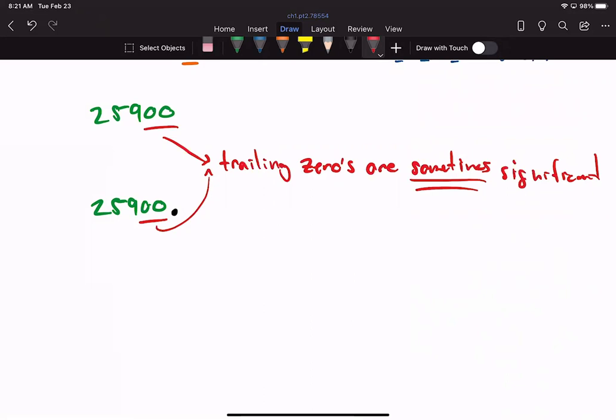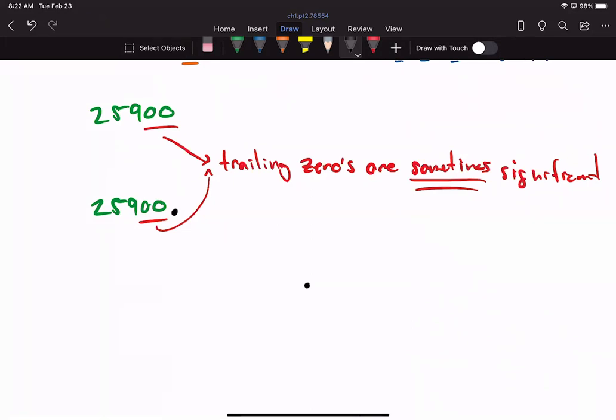I'm going to give you guys this formula, so make sure you write it down. There is a formula to determine when we count those zeros that are trailing and when we don't. So the formula goes like this.